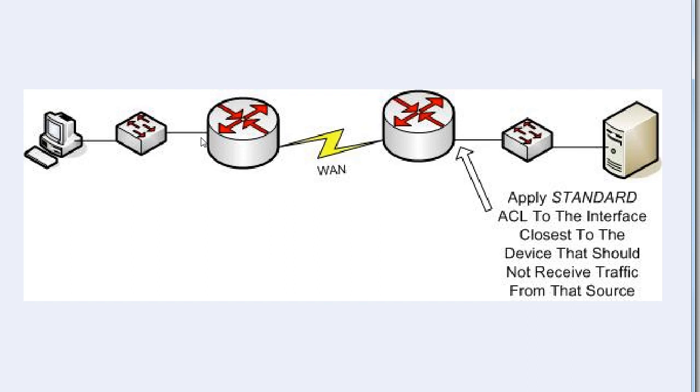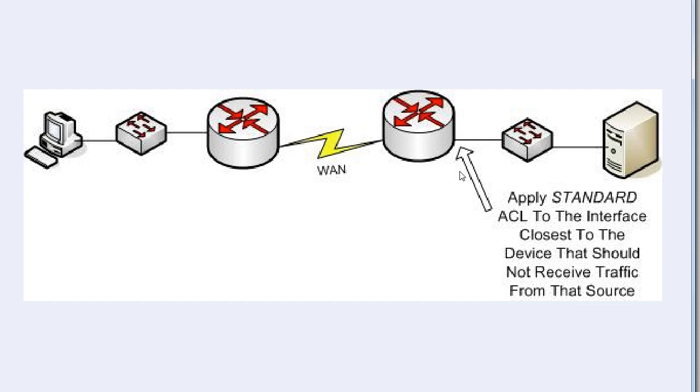Because if we put a standard ACL here, blocking traffic from this PC, what are we doing? We're blocking all the traffic from that PC, because we can only filter on the source IP address. We can't say don't send traffic that matches this source and this destination with a standard ACL, because we can't put a destination IP address or destination range in the standard ACL.